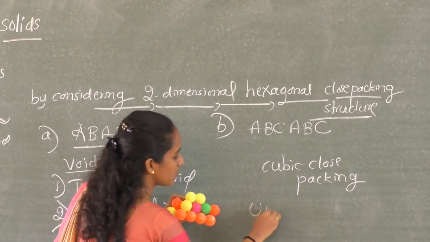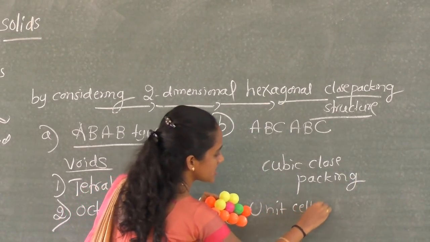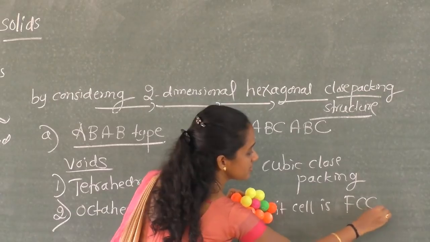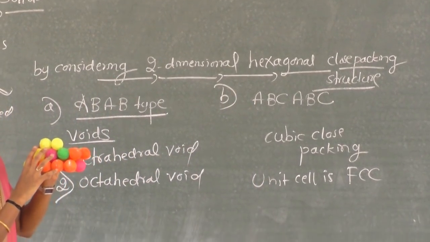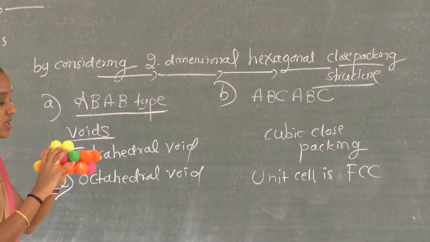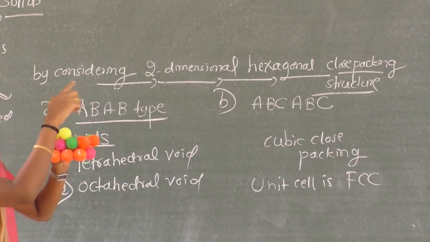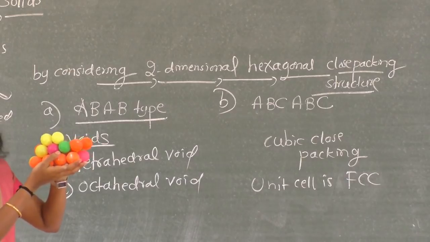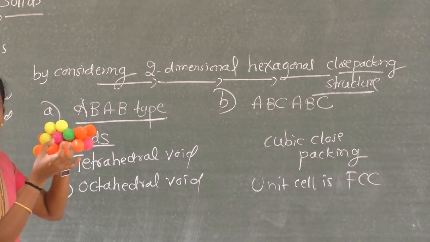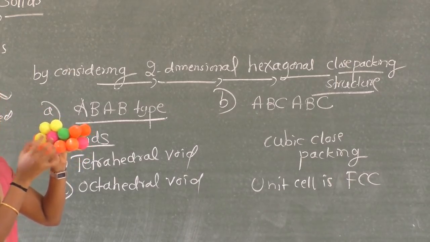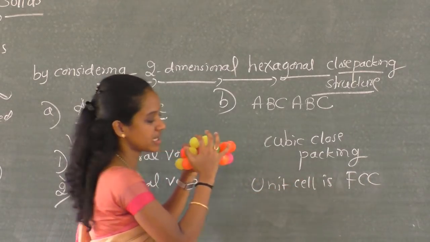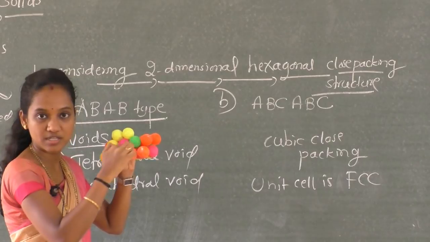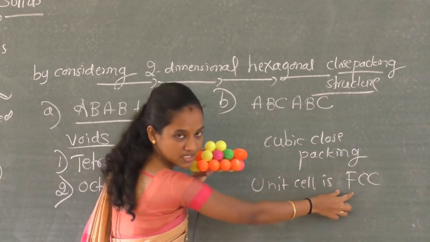And the unit cell of this is FCC. What is FCC? In FCC the particles are present at the centers of each face. If you consider a small portion of the crystal lattice of this 3-dimensional ABC arrangement, it will be of FCC type. So the unit cell of this 3-dimensional structure is FCC.